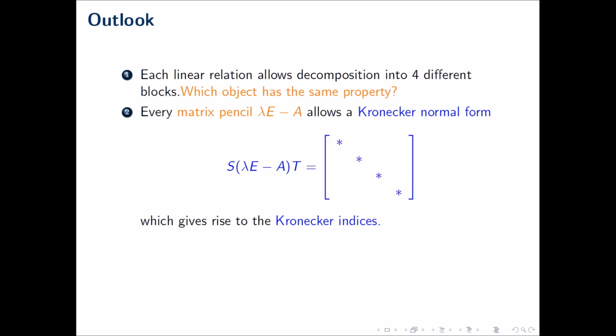Now you can guess that in this canonical form you also get wire numbers or Segre numbers, by counting the chain sizes or block sizes. This gives the so-called Kronecker indices. Of course, you also have 4 different types of indices, which I didn't present today.